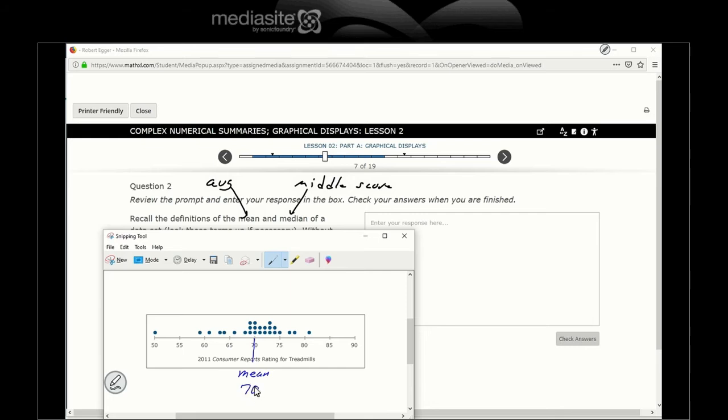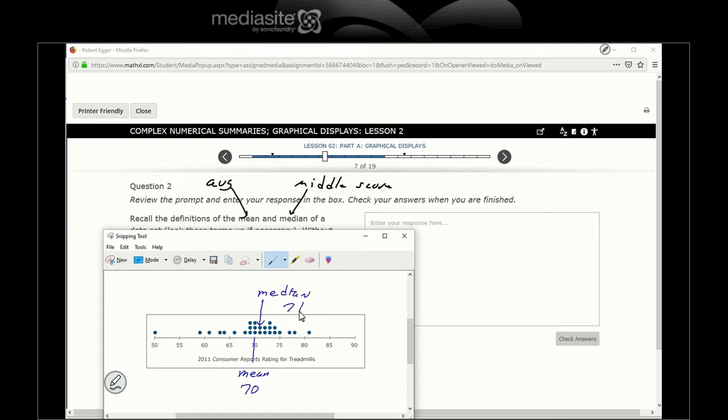And median is kind of like looking back and forth on where you think the total number of masses are equal on both sides, and I'd probably put the median about here, of 71.